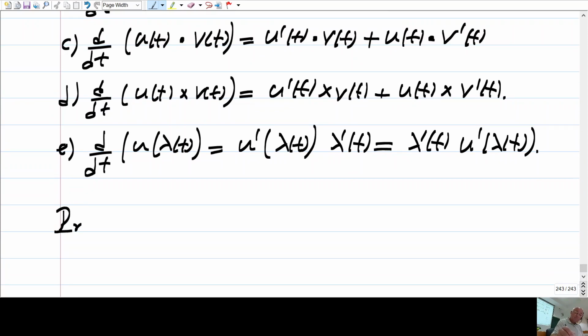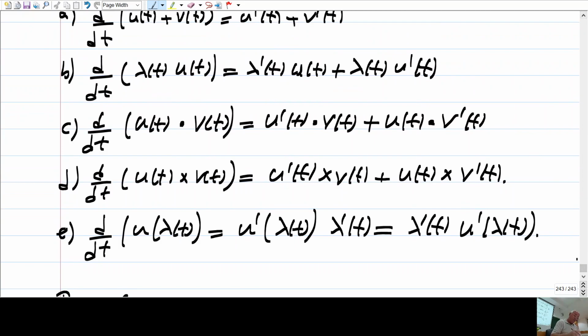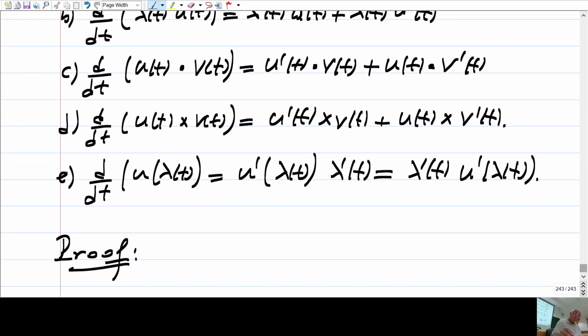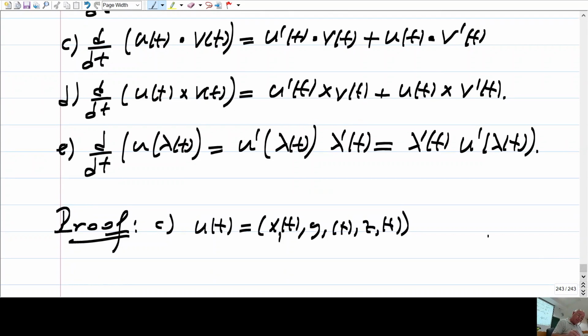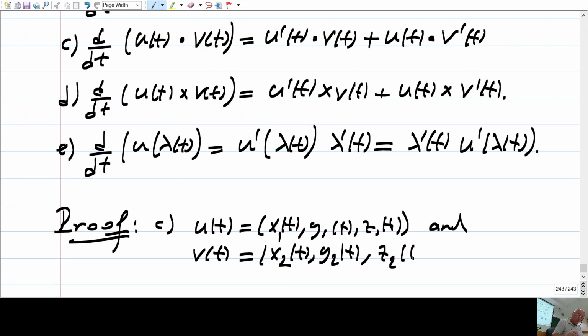Let me just prove one of them. Okay. Let's, for example, do part C. Just one of them. u(t), let's say this is just given by (x1(t), y1(t), z1(t)), and v(t) is another vector valued function, (x2(t), y2(t), z2(t)), right? Two vector valued functions.